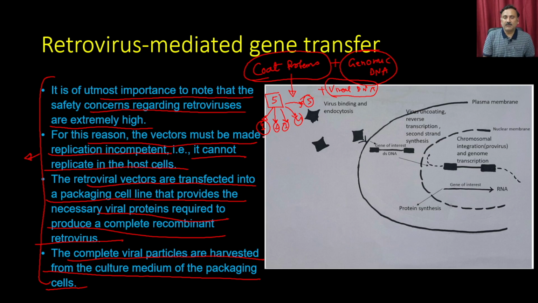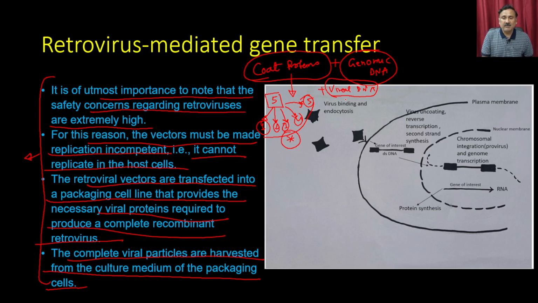But in due course of time, these plasmids are eradicated, or they will not be available for providing their protein product, and as a result the viral DNA will still be present, but it will not get packed into a functionally active virus particle. That is how you are keeping control over the self replication of these retroviruses.